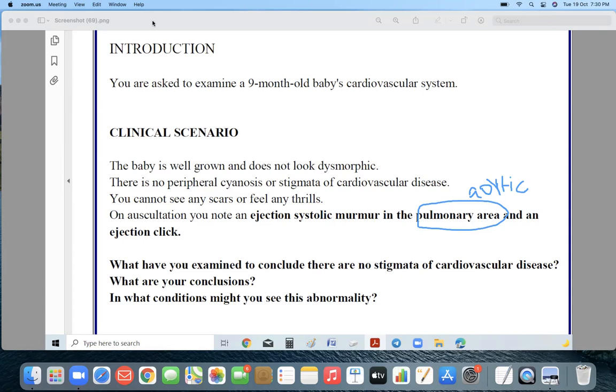Diuretics may be given, and advise the parents on good dental hygiene. Anti-failure treatment can be considered: ACE inhibitors, diuretics, and a good diet. Though the child is appropriate for his age, being in failure may affect his growth as well.